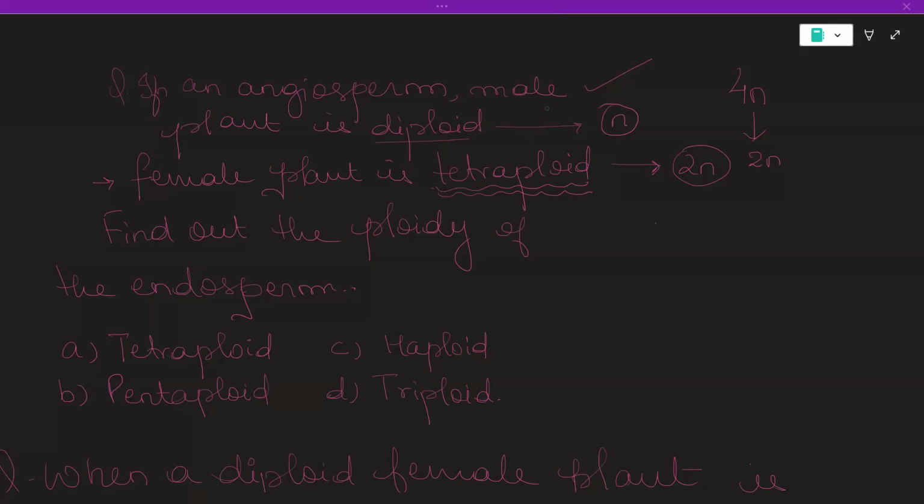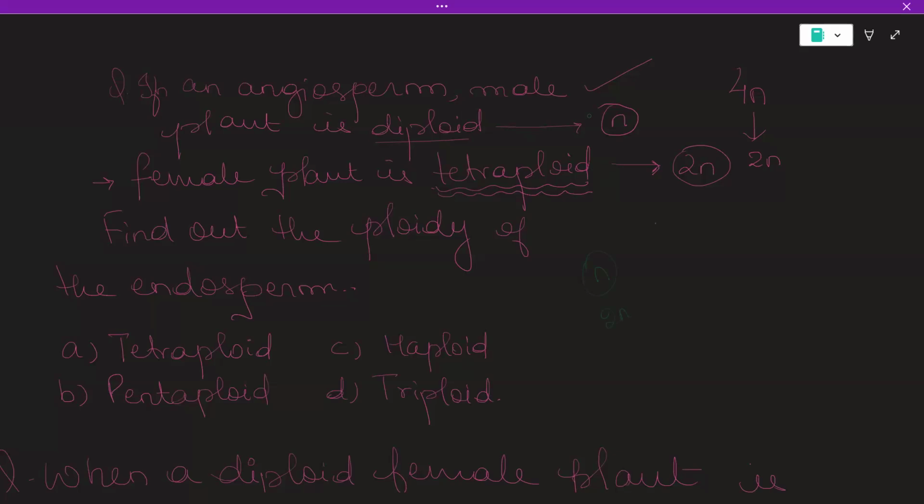Because the endosperm would have a fusion between two polar nuclei and one male. Because the diploid male will produce haploid gametes, the tetraploid female will produce diploid gametes.